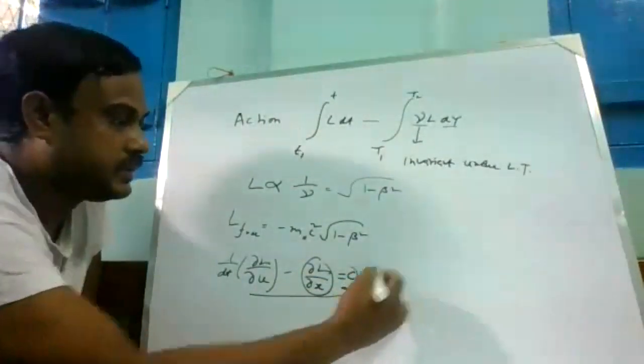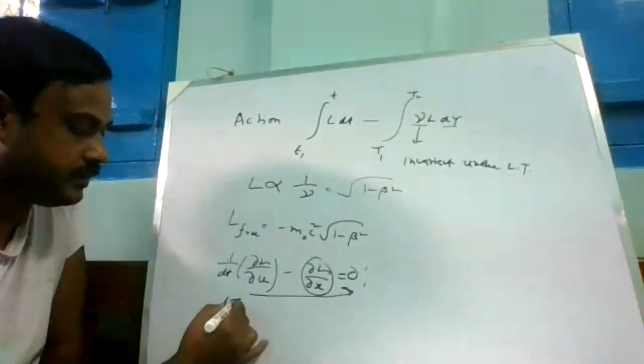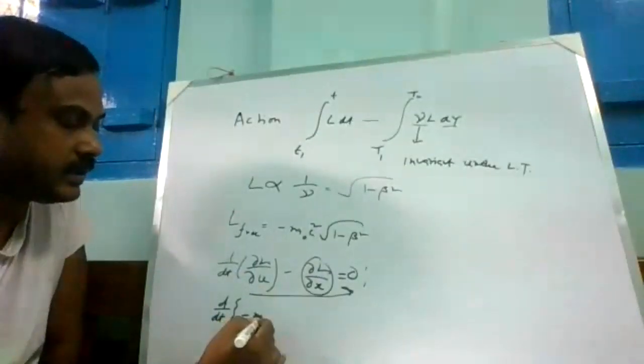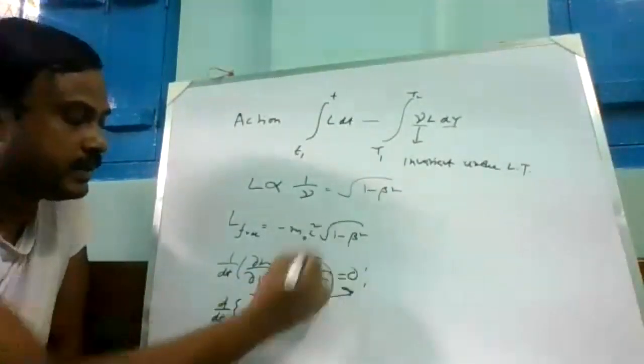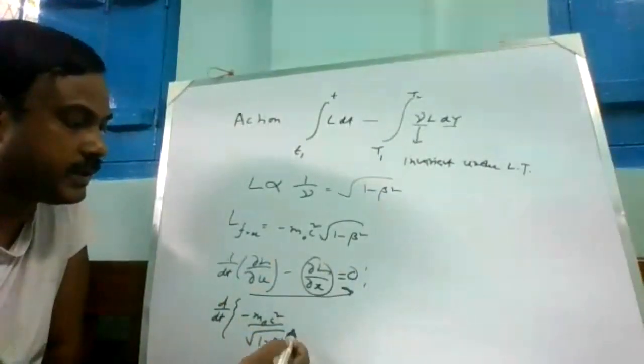Right? Now del L del u will be, therefore, d/dt of del L del u, minus m0 c square, times the derivative of root over 1 minus beta square.